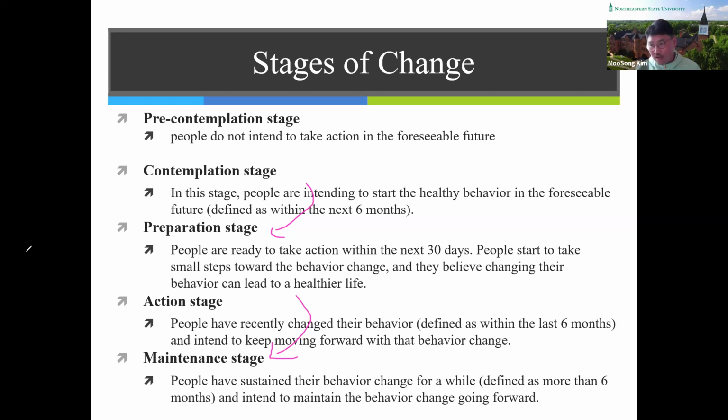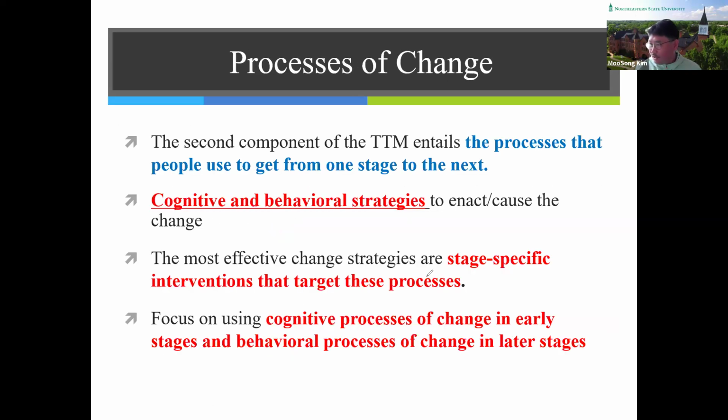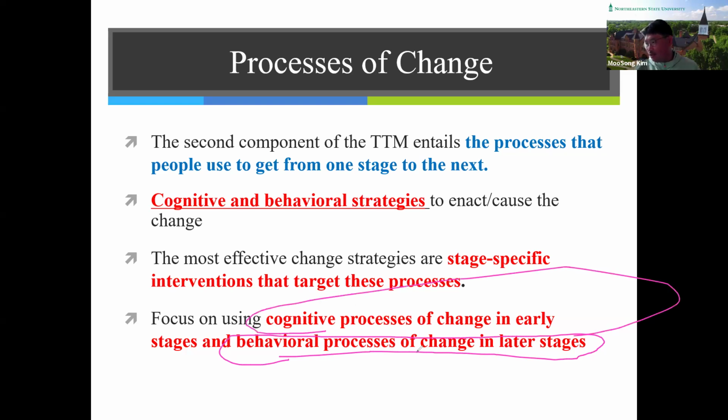That's why the most effective change strategies are stage-specific interventions. Each stage has a certain strategy to help people move on to the next stage. Usually, using cognitive processes of change in early stages and behavioral processes of change in later stages might be more effective.